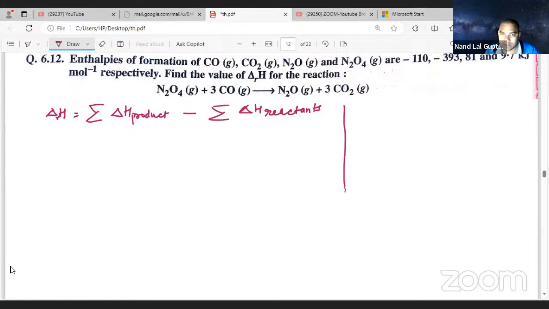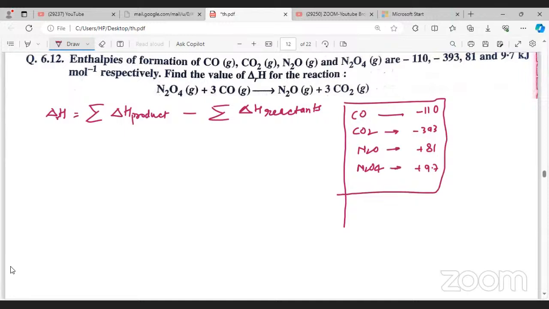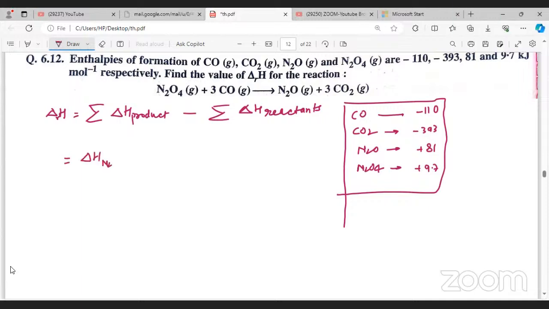So firstly, let us get the values. CO, CO2, N2O, N2O4 values are minus 110, minus 393, plus 81, plus 9.7. This is based on enthalpy of reaction. Enthalpy of reaction is the sum of enthalpy of formation of products minus the sum of enthalpy of formation of reactants. So sir, we will add this one, N2O4, 9.7 minus 110.